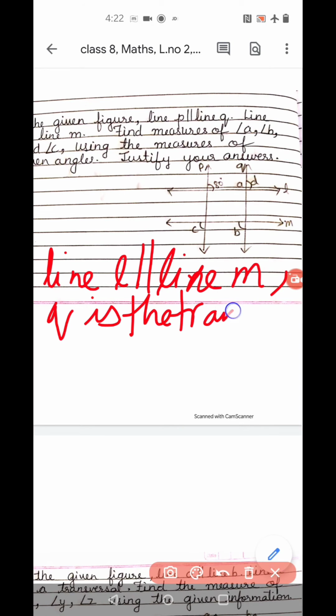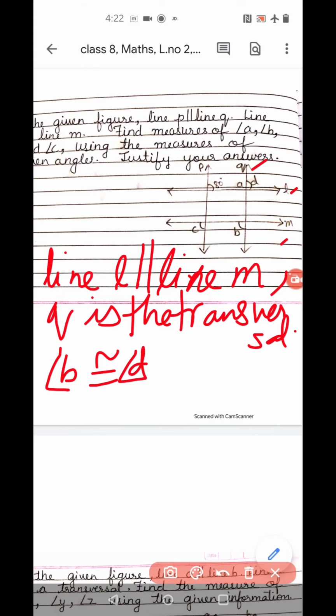Let us take Q as the transversal. Now we know that measure angle B is congruent to measure angle D. How? They make exterior alternate angles.